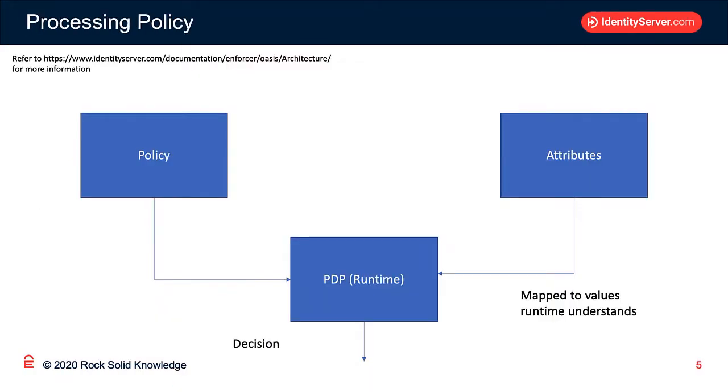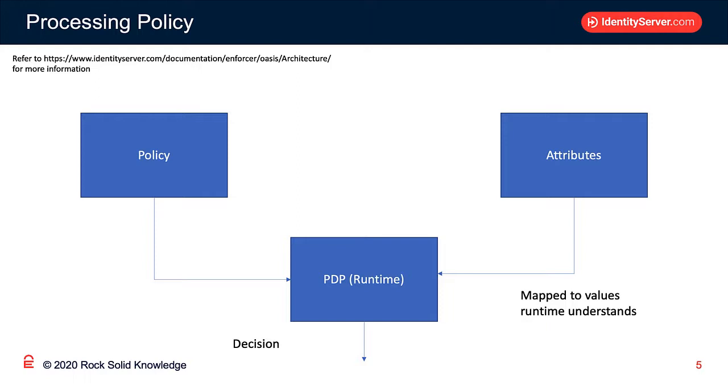So how does this work under the covers? We'll go through that briefly here, but if you want more information, then visit this URL that's on the slide. At Identityserver.com, you can go to the documentation for Enforcer. Essentially, we're going to pass the policy that we see on the left in the REPL and the attributes that we add into the REPL through a UI on the right-hand side into something called the PDP. This is the policy decision point.